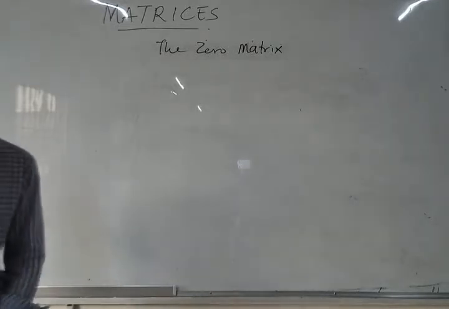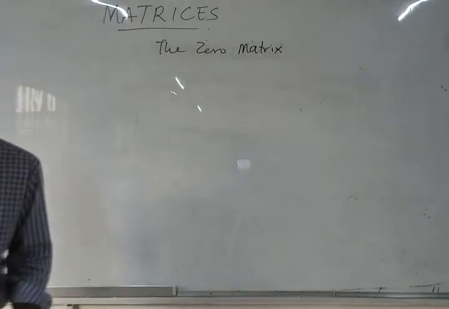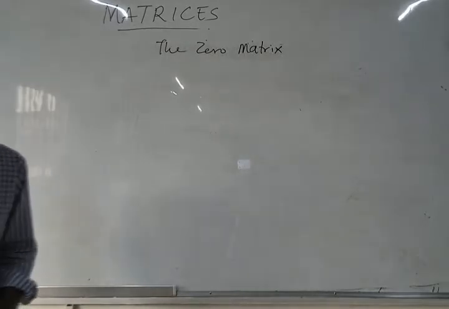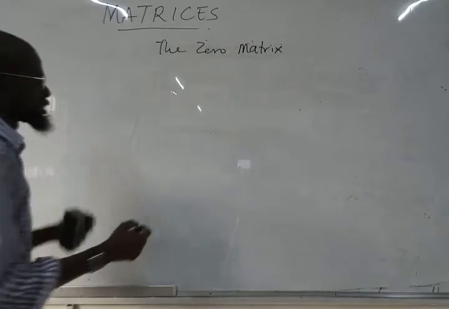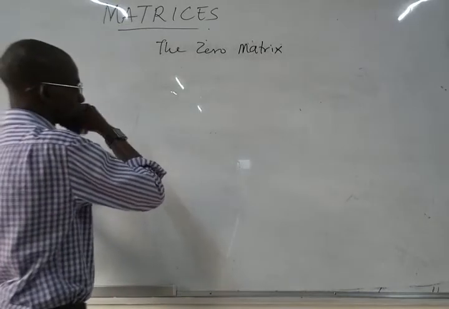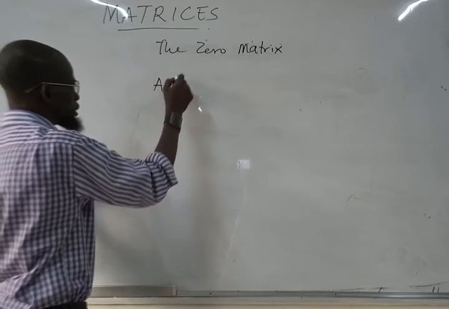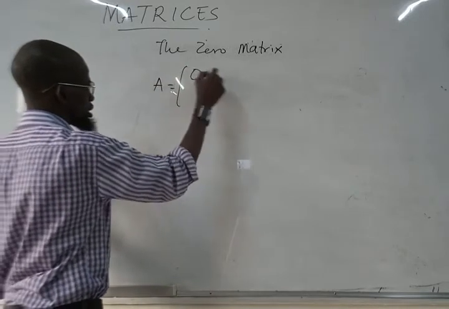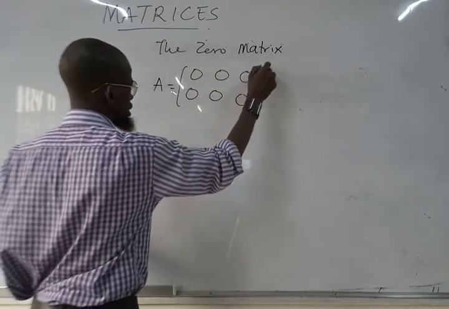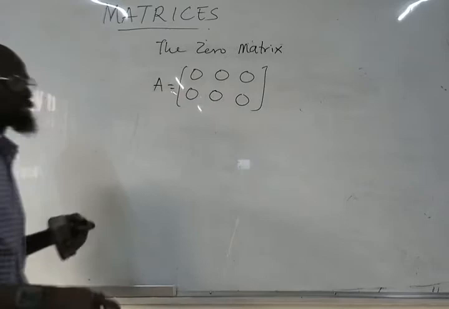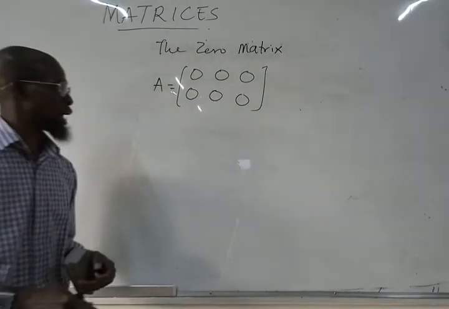For example, we may have a matrix of 2 by 3 and 2 by 2. When we have 2 by 3, that is, we have 2 rows and 3 columns. You can see this matrix A consists of 2 rows and 3 columns.